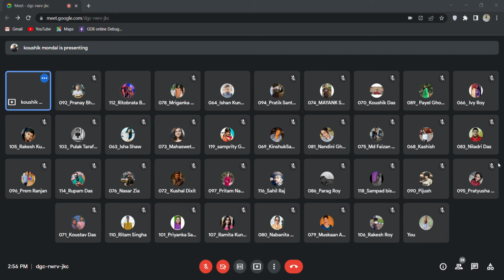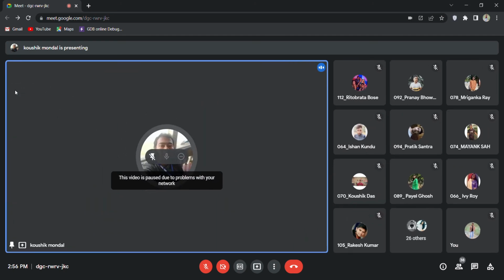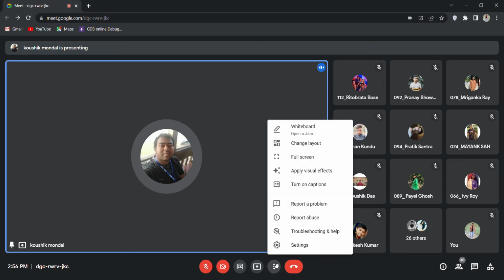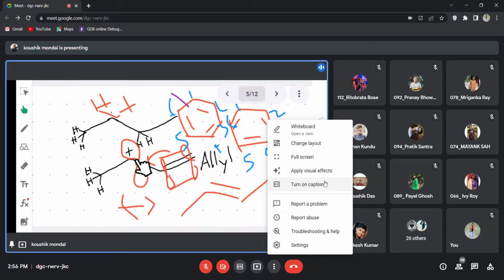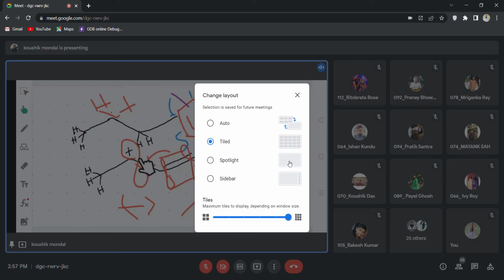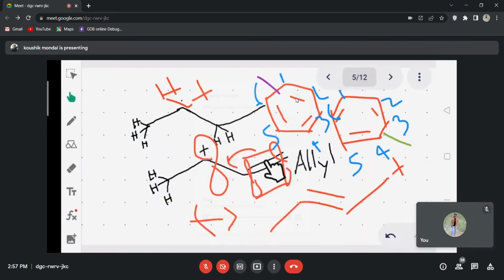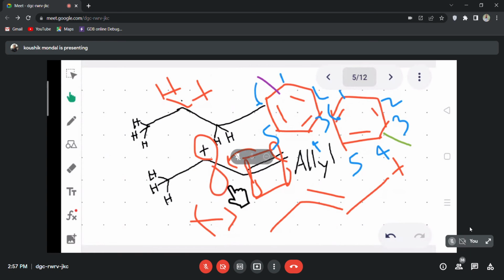Since these p orbitals are conjugated, means after this p orbital there is another p orbital, then another p orbital, this electron cloud can delocalize between these p orbitals.